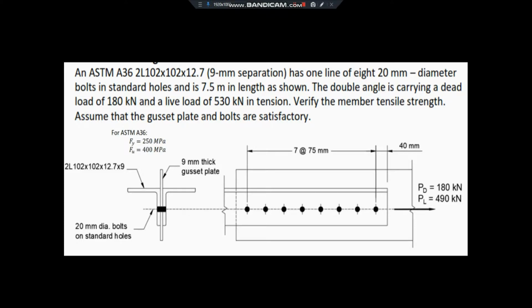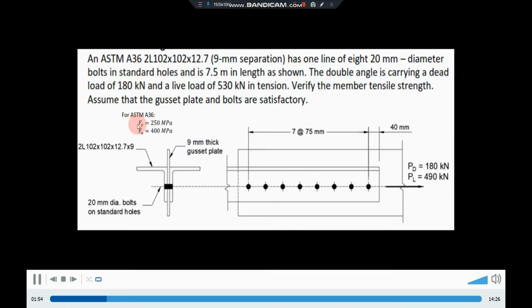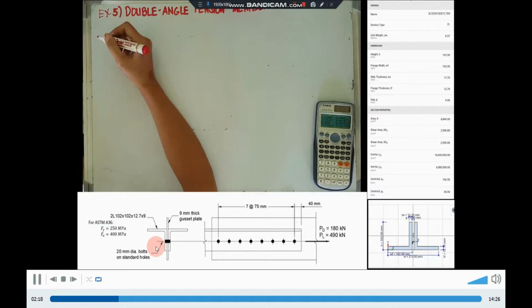So for ASTM A36, our yield stress is 250 megapascal and our tensile stress is 400 megapascal. This is the double leg 102 by 102 by 12.7, separated by a 9mm thick gusset plate, and they are connected with 20mm diameter bolts of standard holes.